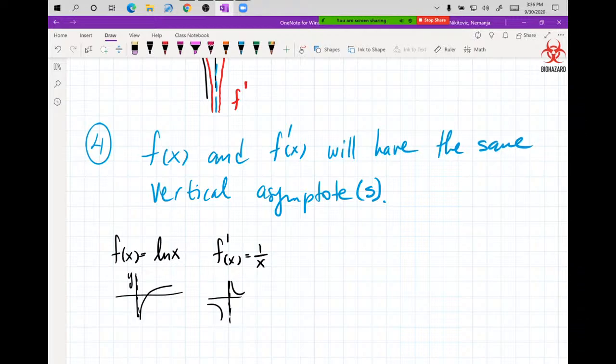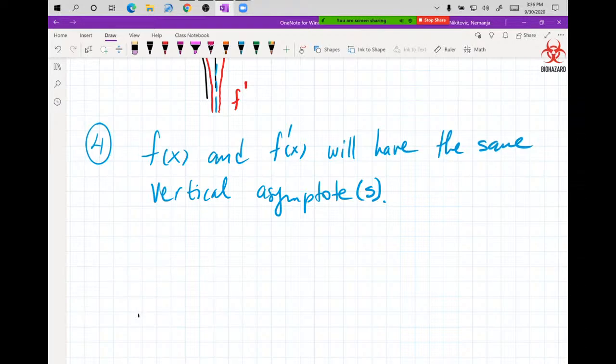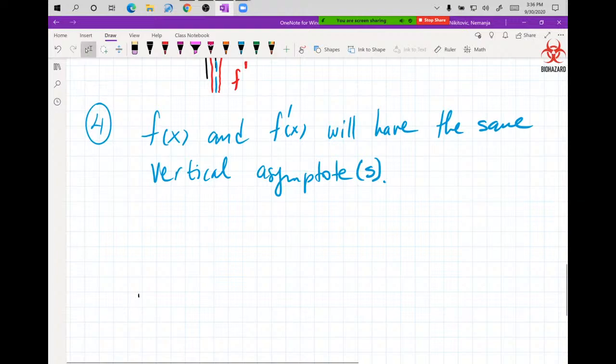Now, we are not talking about ln yet, so I'm going to erase this. I just wanted to give you another example of this situation where if you have a vertical asymptote for the function, you have the vertical asymptote exactly at the same place for its derivative.